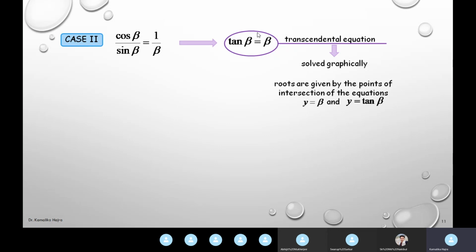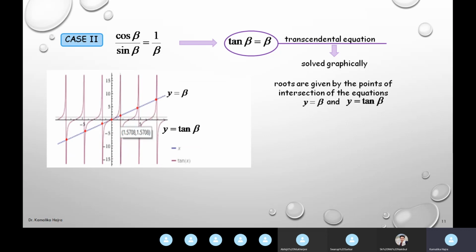So this is basically two expressions. One is y equal to beta and the other is y equal to tan beta. These two graphs are drawn, and then the points of intersection of these two graphs will give you the roots. So this is what I mean. This straight line passing through the origin is the y equal to beta graph, and you all know the tan beta graph, y equal to tan beta graph.